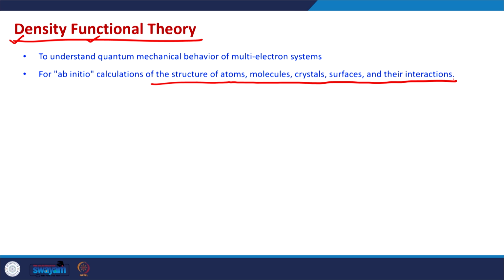It is heavily used in computational chemistry, condensed matter physics, electronics, and material science nowadays. This is one of the most important quantum mechanical methods to understand the electronic structure, electronic properties, and also nowadays magnetic properties of atoms from first principles.